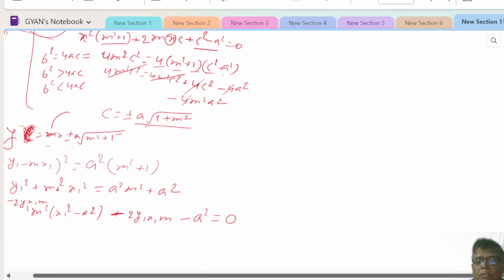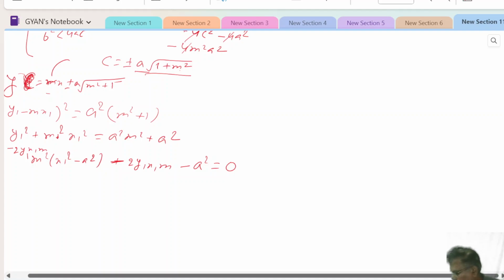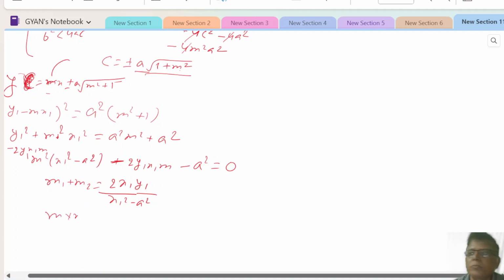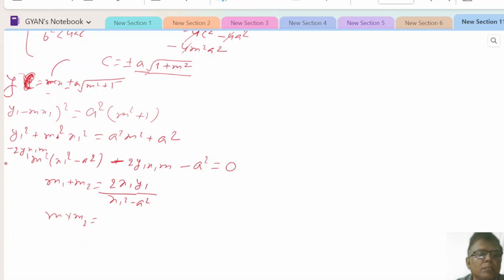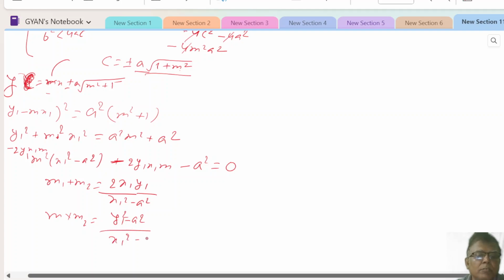Now from that we can tell that m1 plus m2 is equal to 2x1 y1 divided by x1 square minus a square, and m1 into m2 is y1 square minus a square divided by x1 square minus a square.